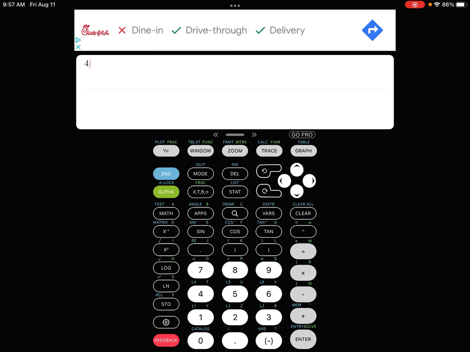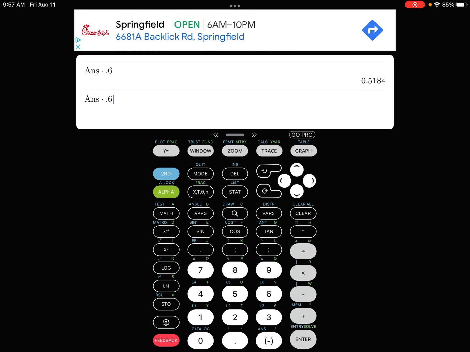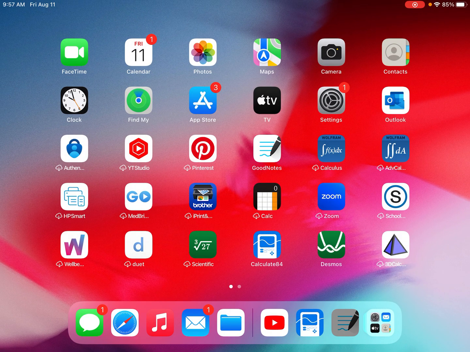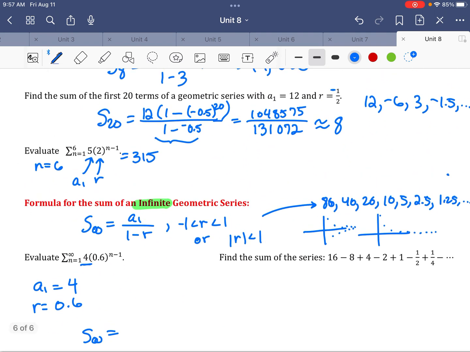So 4 times 0.6. And let's multiply by 0.6 again, and there's your answer. I keep doing it. And see how that number is getting smaller and smaller and smaller, and if I keep doing it, it just gets littler and it affects the final answer less and less and less. So that's why you can go ahead and do this sum to infinity.